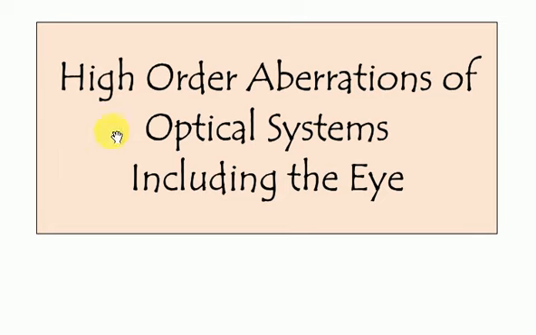So next chapter is high order aberrations of the optical system including the eye. In practice, the images formed by the various refracting surfaces or systems described in the previous chapters fall short of theoretical perfection.